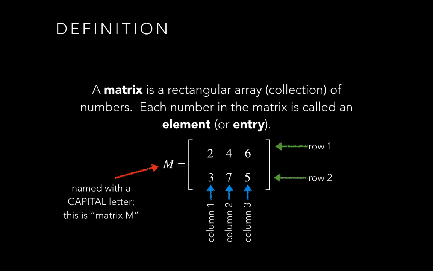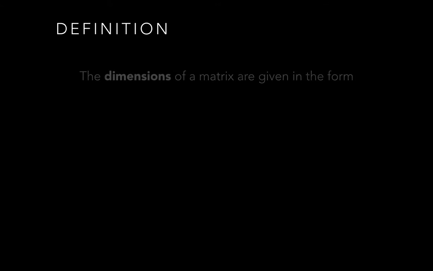In row number 2, you have the elements 3, 7, and 5. And in column 1, you have 2 and 3. Column 2 has the elements 4 and 7. And column 3 has the elements 6 and 5. Well, let's look at our next slide here.